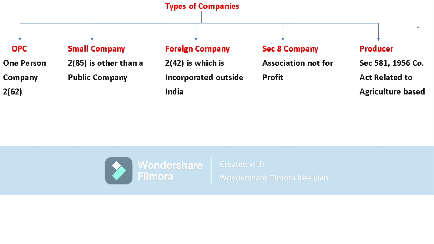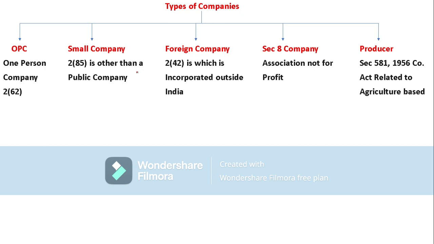So if we see these companies, the first one is the one person company. One person company, according to Section 2, subsection 62, means a company which has only one person as a member.